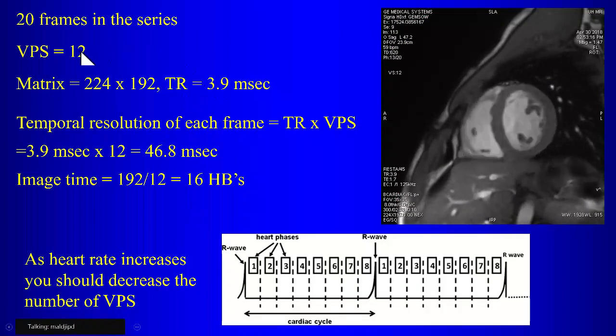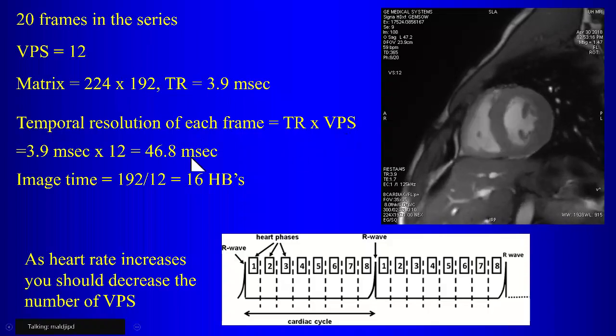But if we're getting 12 views per segment, so if we're going to get 12 lines of K-space here, and we're going to need 192 overall before we have enough lines of K-space to generate an image, your TR is almost 4 milliseconds, which are very short TRs. So the temporal resolution here, how much time that one image represents, is TR times the views per segment.